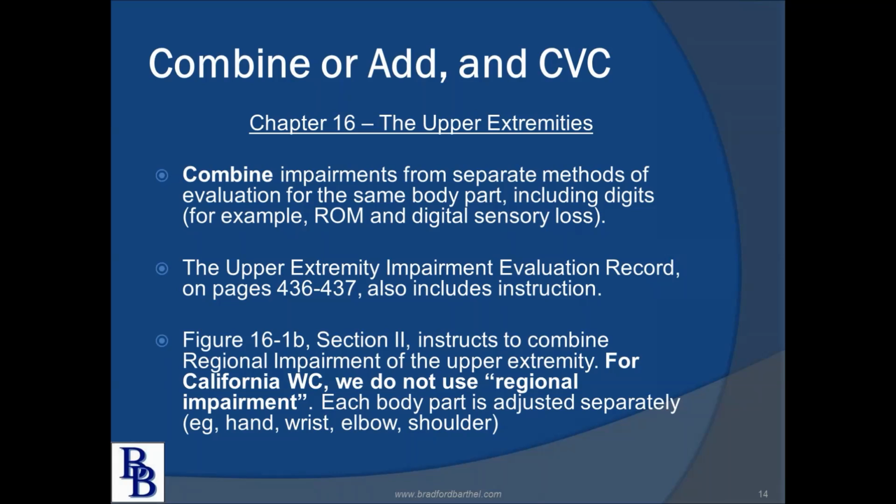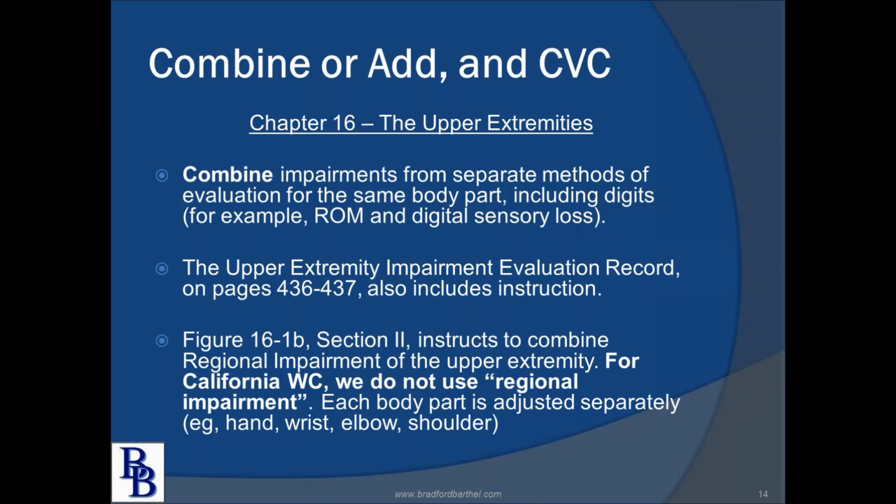From the upper extremity evaluation impairment record, pages 436 and 437, one of the instructions in there I just wanted to point out, it says to combine regional impairment of the upper extremity. For California work comp, we don't use regional impairment, so we don't do that.